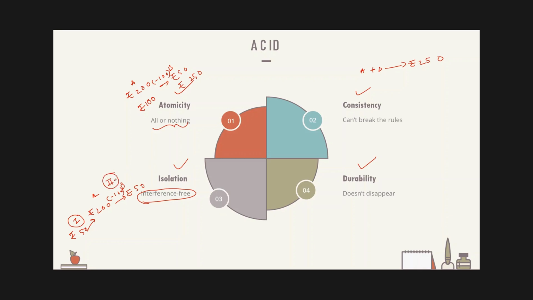In the ideal scenario, transaction 1 and transaction 2 shouldn't interfere with each other. Account A's final balance should be 150, and account B's balance after the transfer should also be rupees 150.